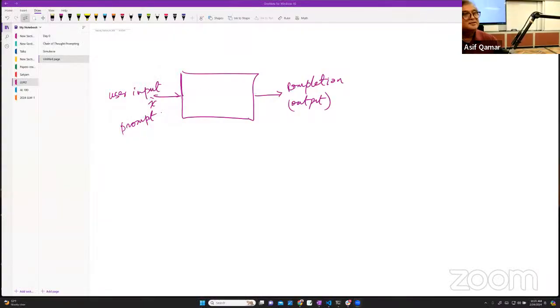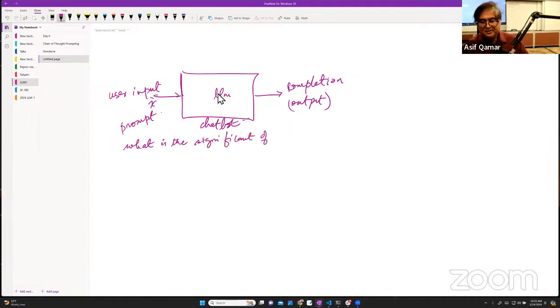Yes. Okay. So the traditional input is you have the LLM or AI, you give it an input, and this may be a chatbot, and you say something. For example, you may say, what is the significance of the Higgs field?